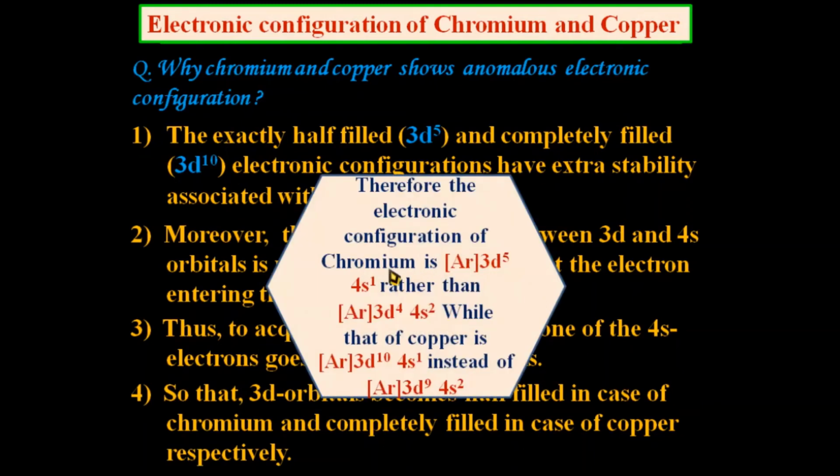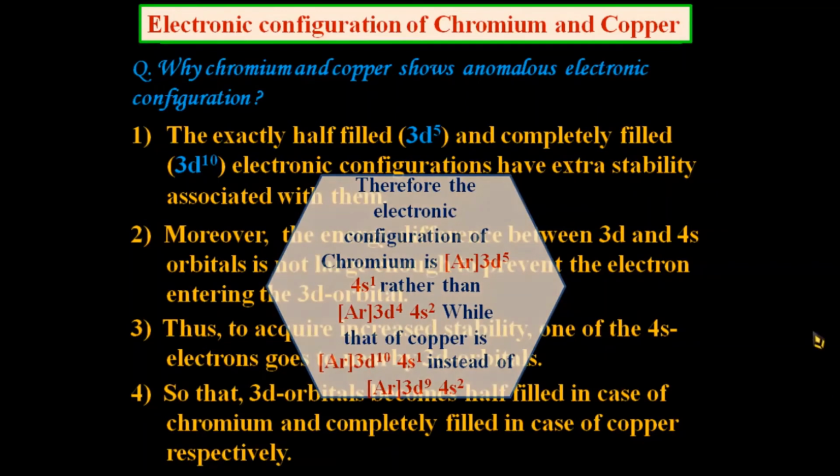Therefore, the electronic configuration of chromium is argon core 3d5 4s1 rather than argon core 3d4 4s2, while that of copper is argon core 3d10 4s1 instead of argon core 3d9 4s2. Because of this electronic configuration, chromium and copper acquire extra stability. So chromium and copper show this type of anomalous electronic configuration to get extra stability.